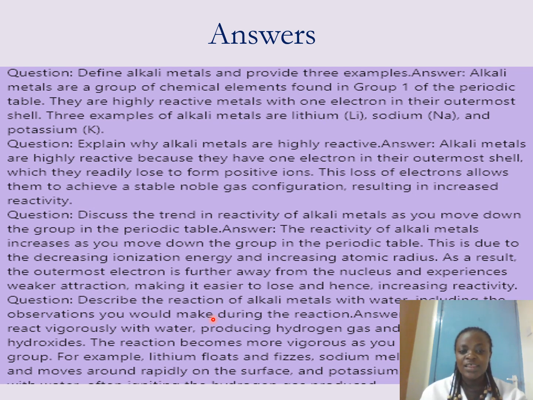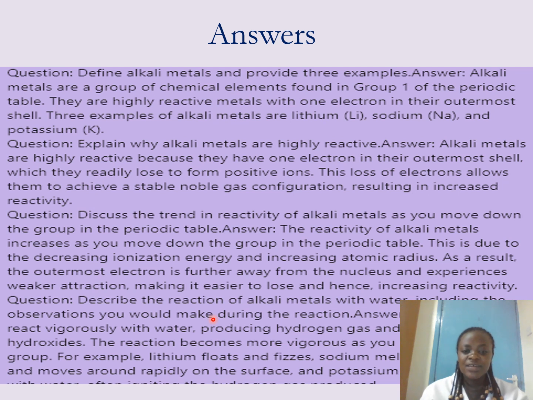As a result, the outermost electron is further away from the nucleus and experiences weaker attraction, making it easy to lose and hence increasing reactivity. So that was well explained.